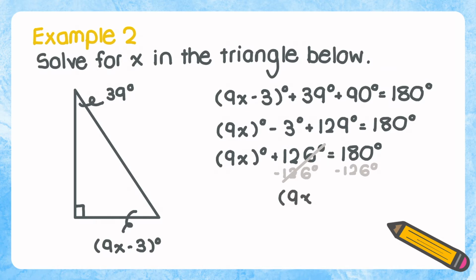We have 9x degrees equals 54 degrees. Divide by 9 on both sides, and we find that x equals 6. And you can always check your work by plugging this x value back into the original equation and making sure that the 3 angles do add up to 180 degrees.